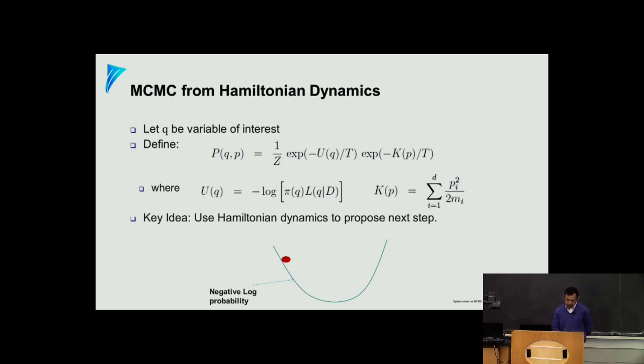We are going to now focus on a new distribution where even though Q is the variable of interest, we introduce an auxiliary random variable P so that it allows us to define the Hamiltonian based on U and K. And this is the potential energy, which connects to our original variable of interest.